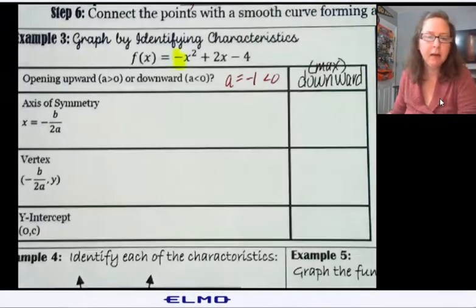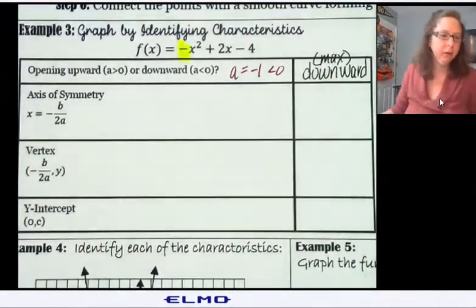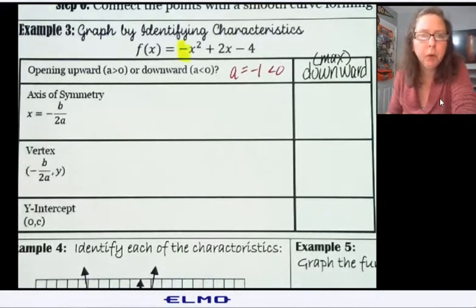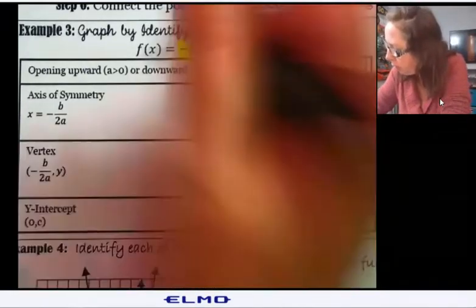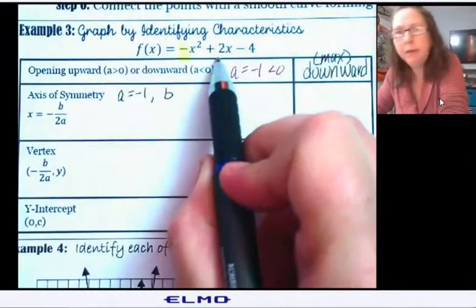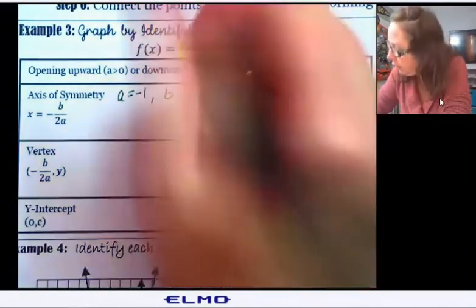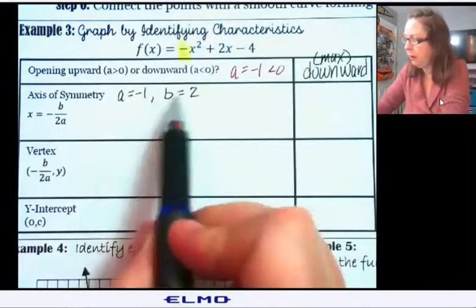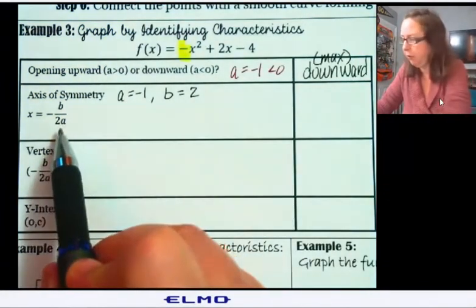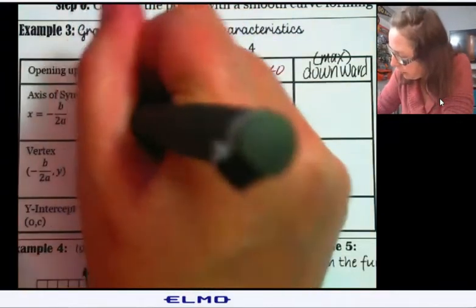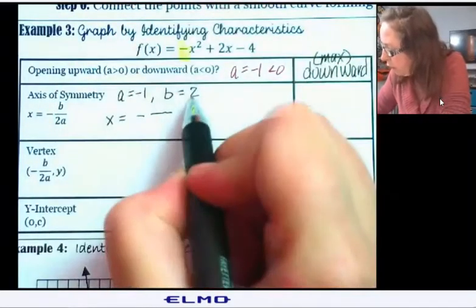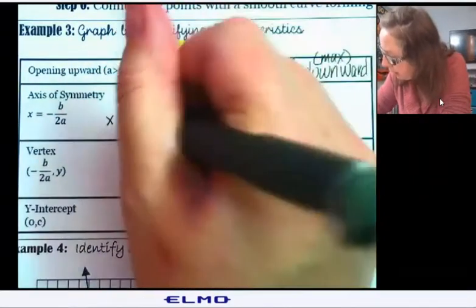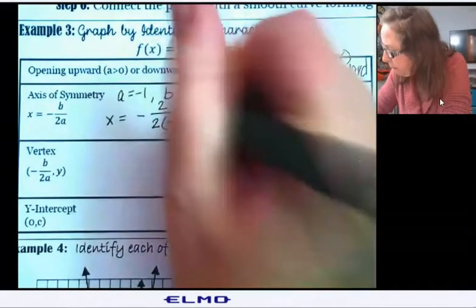Let's find the axis of symmetry next. So I need to know my A value and my B value. Well, A is -1. B is a +2 right here in the center. So I'm going to plug these into this axis of symmetry formula here. So x is going to equal -2 divided by 2 times -1.